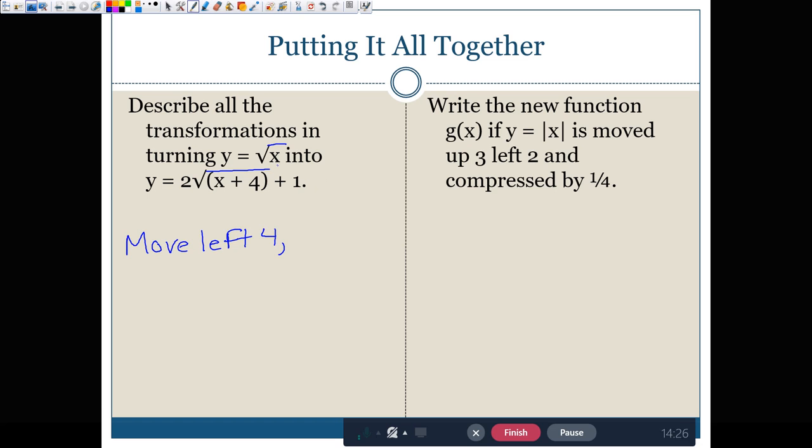It's plus 1. Up 1. Okay. And I have a number that's greater than 1 on the outside, so I'm going to be stretching by a factor of 2.